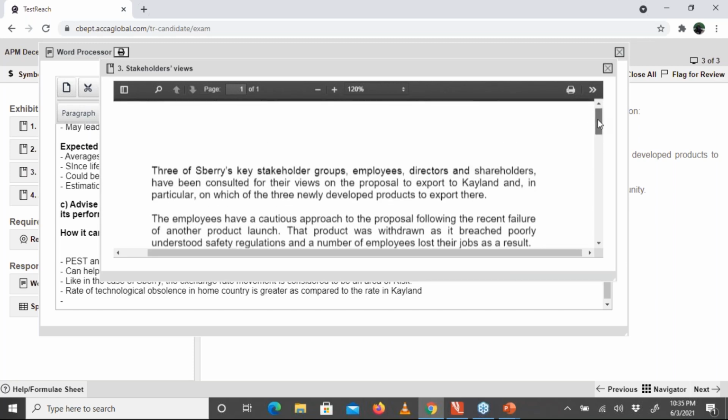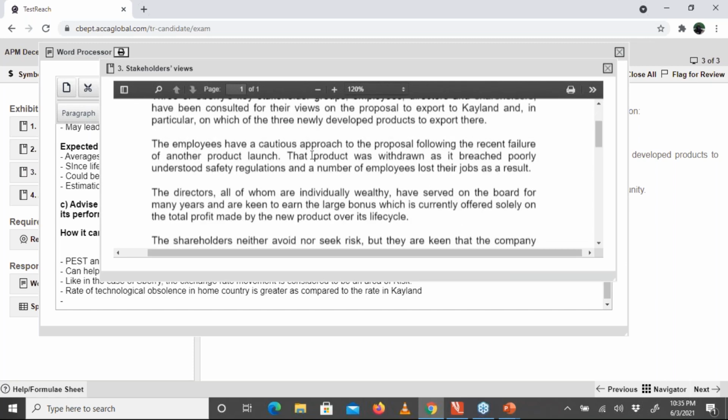Are there any other things? For example, the product was withdrawn where it breached poorly understood safety regulations.